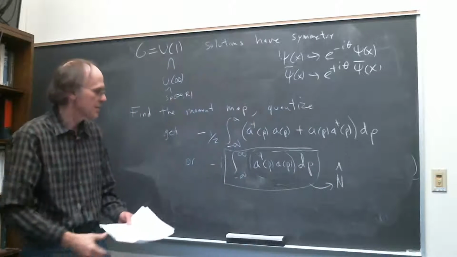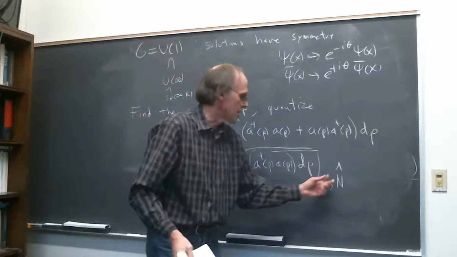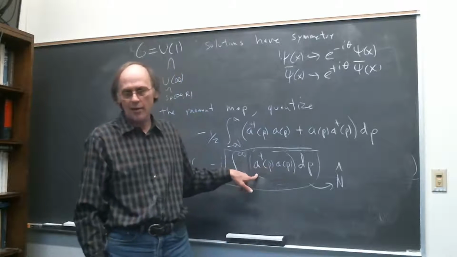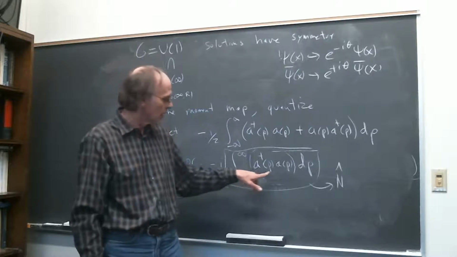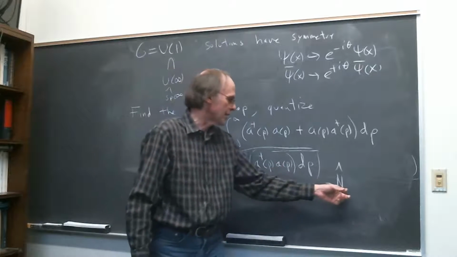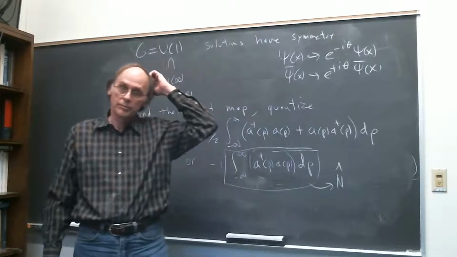So this, in some sense, is something much simpler than the Hamiltonian. It just counts the total quantum number.